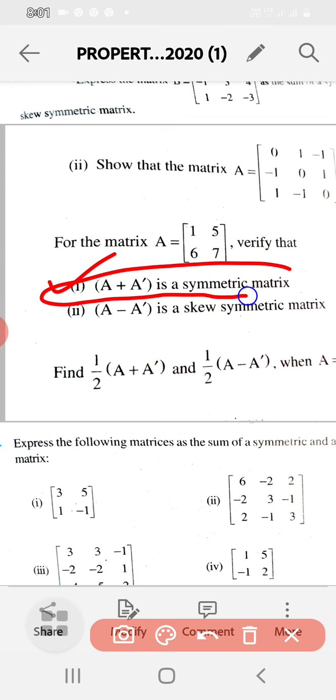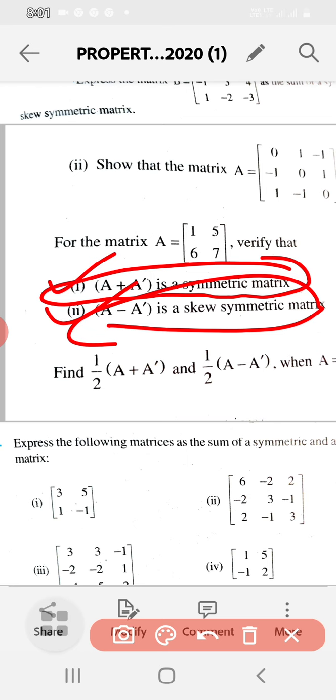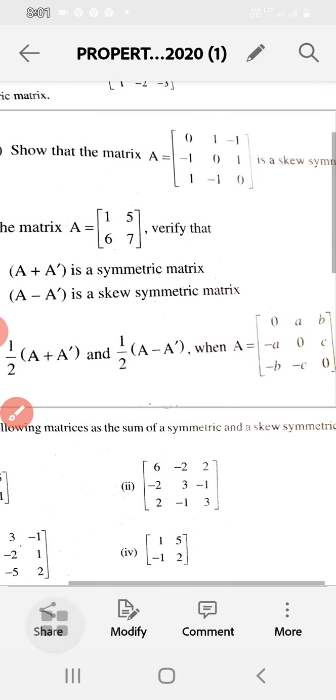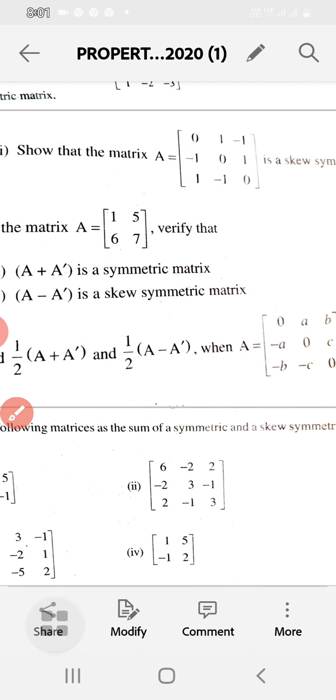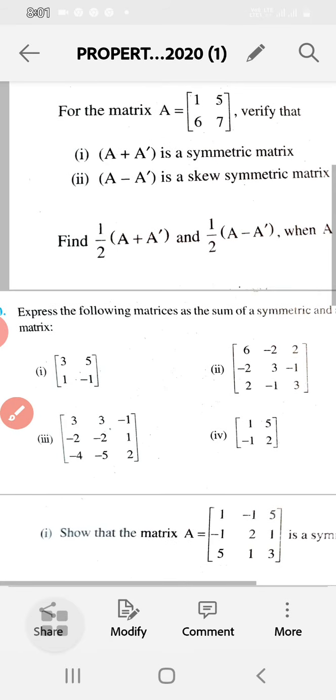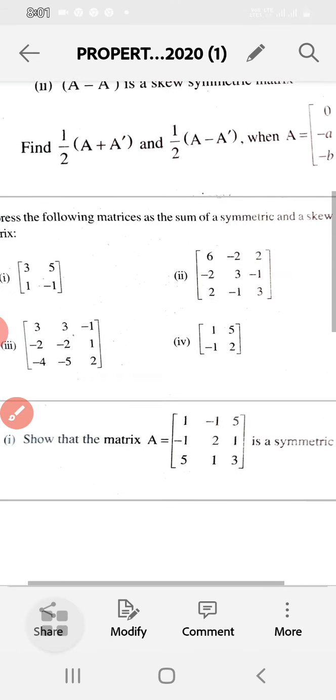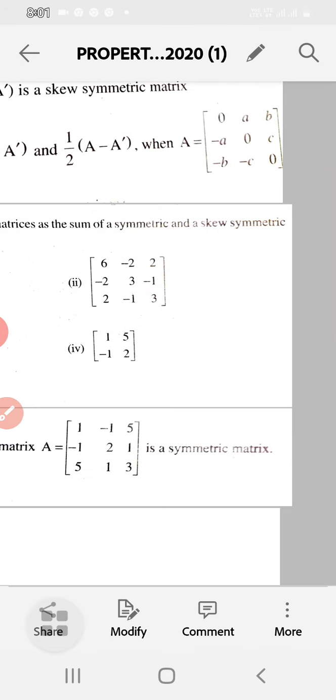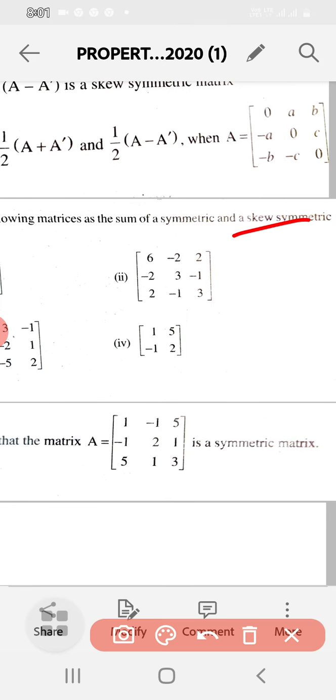So this is our first statement. Then A minus A dash is a skew symmetric matrix. Then the next example: find half into A plus A dash and half into A minus A dash, with the matrix given here. Then in the next example, we express the following matrices as the sum of symmetric and skew symmetric matrices.